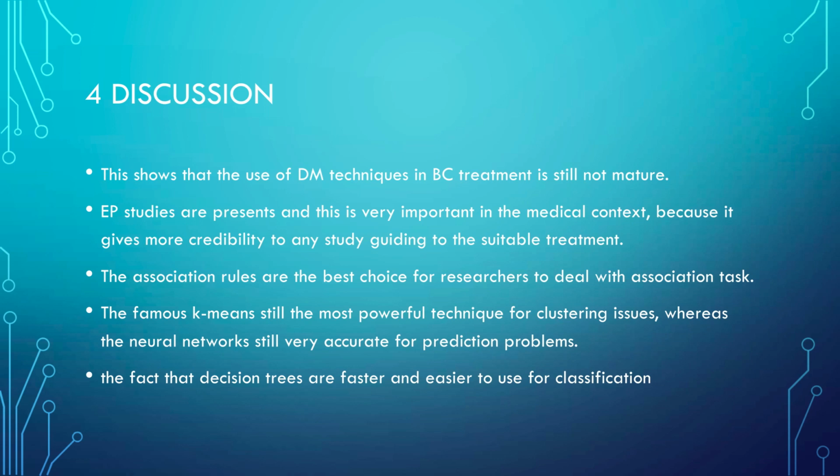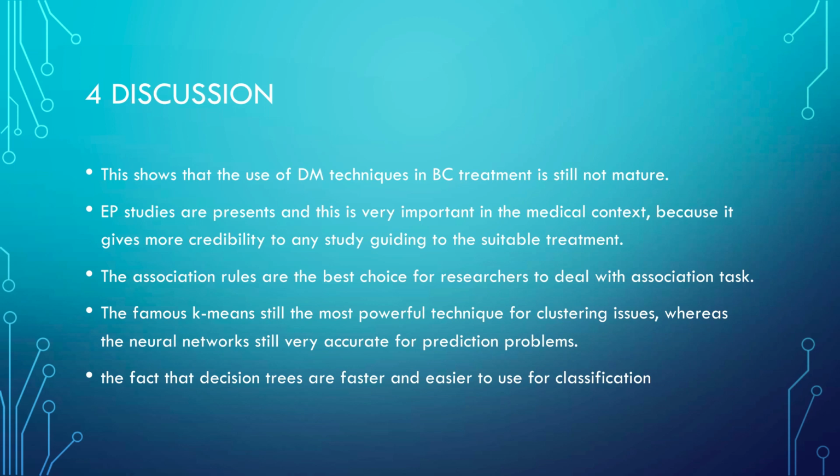Empirical paper studies are present, and this is very important in the medical context because it gives more credibility to any study getting to the suitable treatment. And several data mining techniques were evaluated, and decision tree is the most frequent data mining technique used when it comes to the classification objective, which is the most recurrent task in breast cancer treatment.